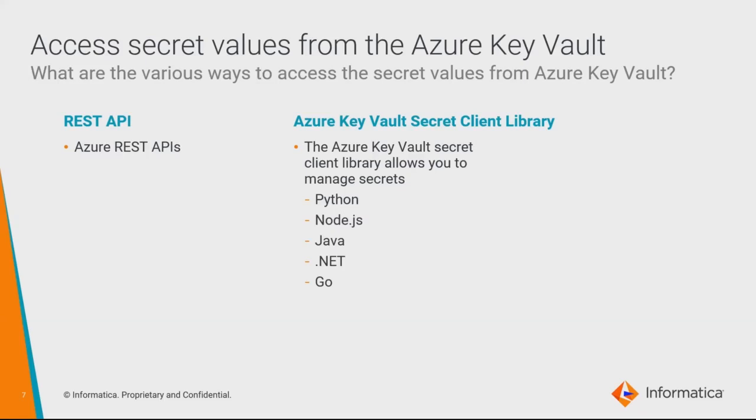Then it will allow you to manage the secrets with the help of programming languages like Python, Node.js, Java, .NET, or Go. But the best and easier way is to use the Azure REST APIs, because you need not install anything on the machine, and we can use the REST APIs to automatically update the IICS connections from the Key Vault.